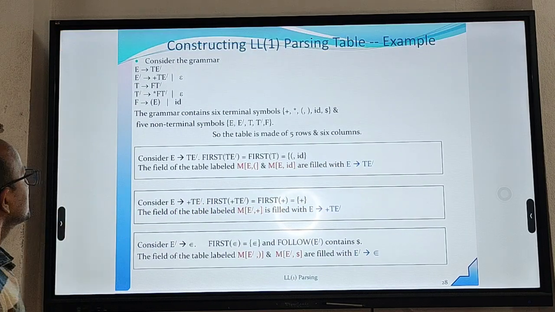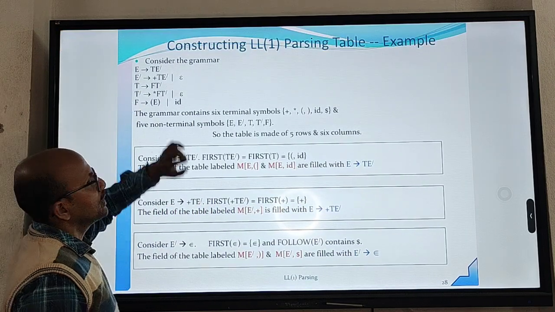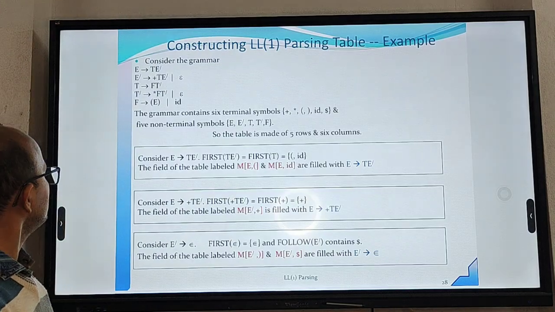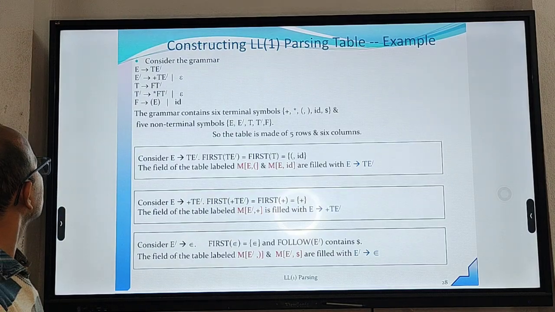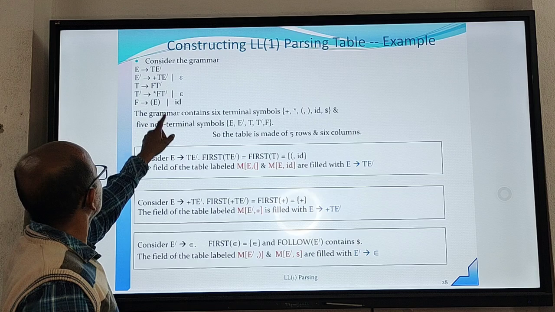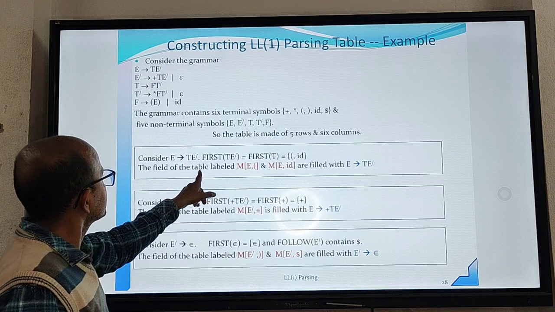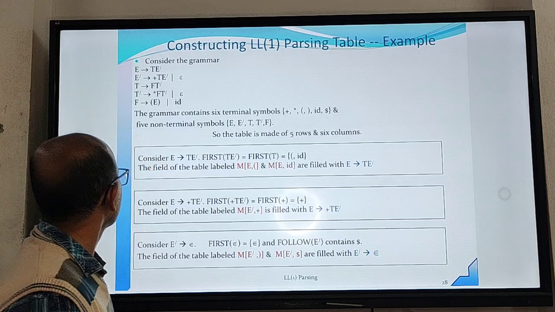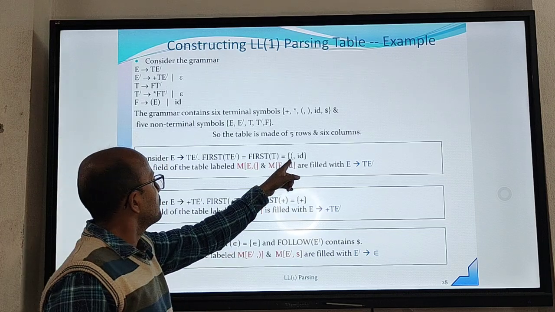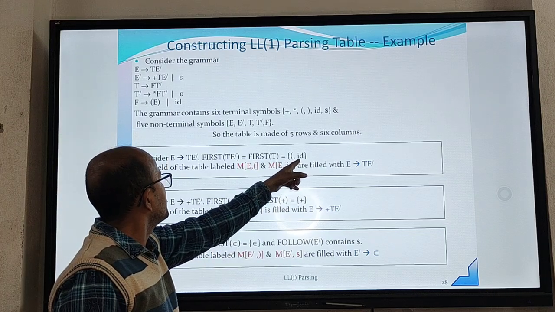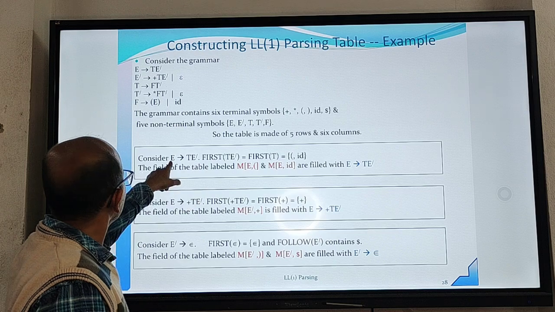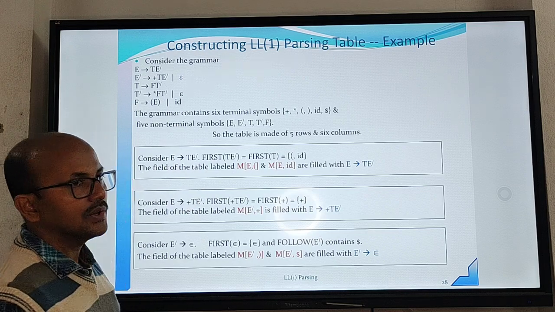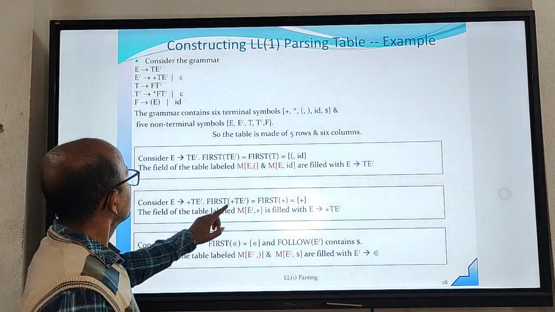Okay, let us consider the first production rule, and where in the parsing table the first rule will be placed. So let us find the first of the right hand side. First of right hand side is the first of T, which we have already calculated: the left parenthesis and the id. So in the column left parenthesis and the id, and in the row of E, we have an entry.